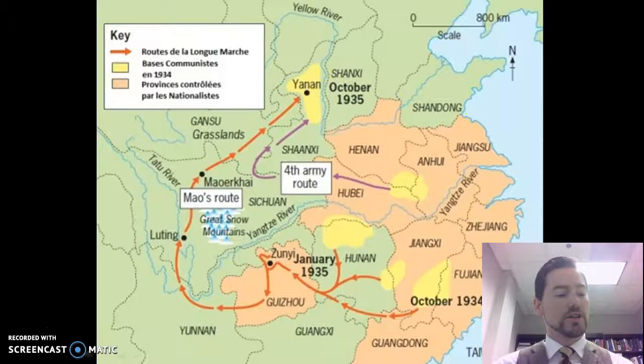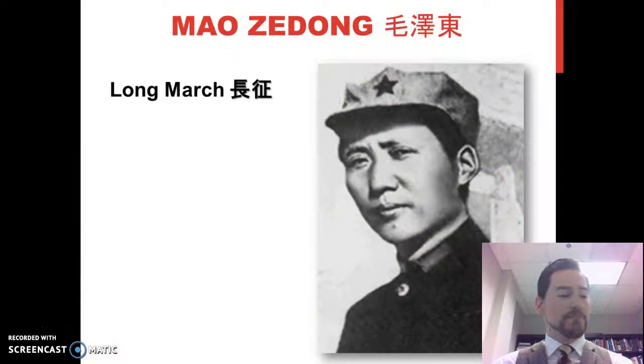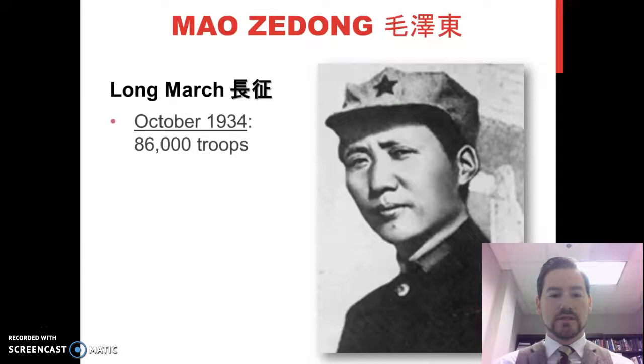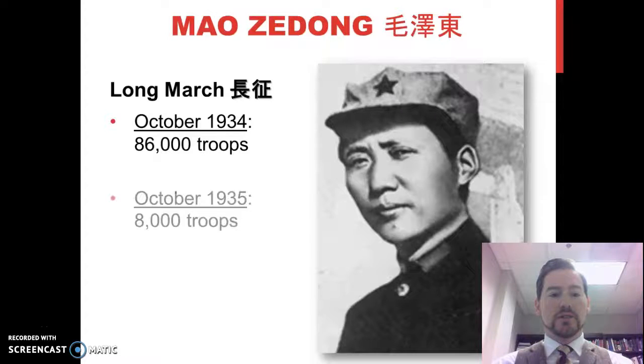The Long March is really important, though, because Mao emerges as this important, heroic figure, and you can see the devastation that took place. It's pretty staggering. So it began in 1934. There were 86,000 troops. Over the course of 1 year, the communists lose almost all of their army.